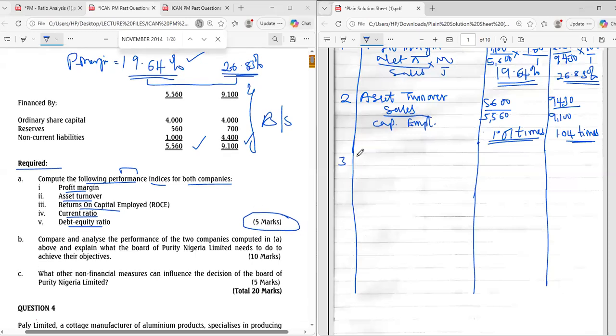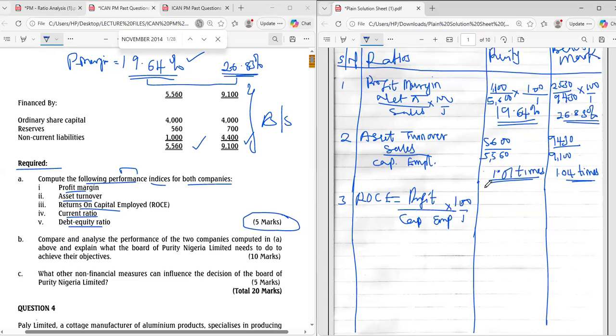Let's do ROCE. What's the formula for this? Net profit over capital employed, times 100, so this one will be in percentage. Our profit is 1,001 divided by the capital employed, 5,560, times 100.